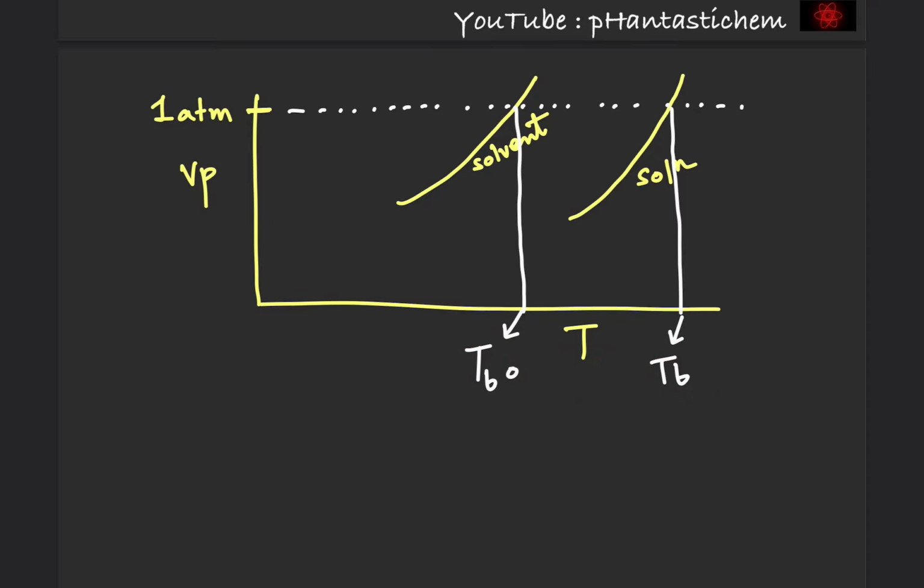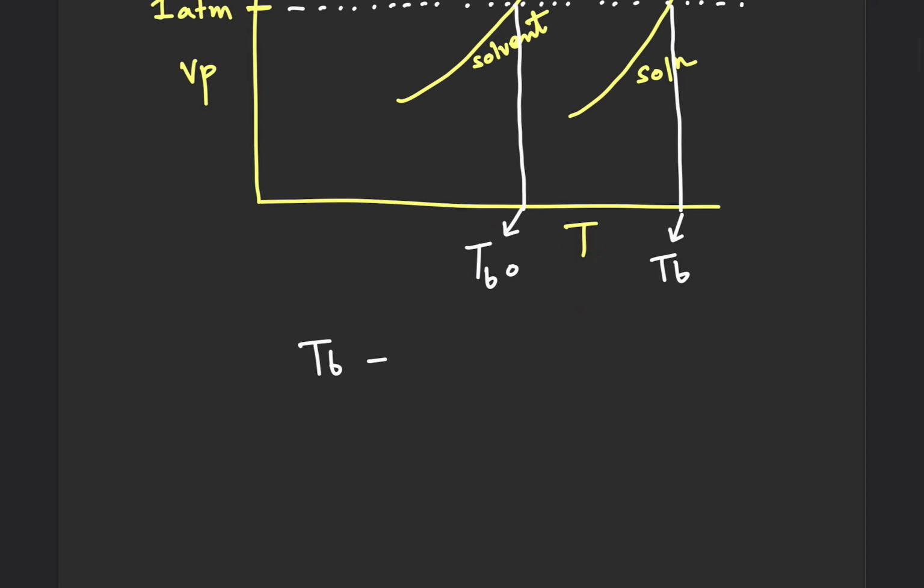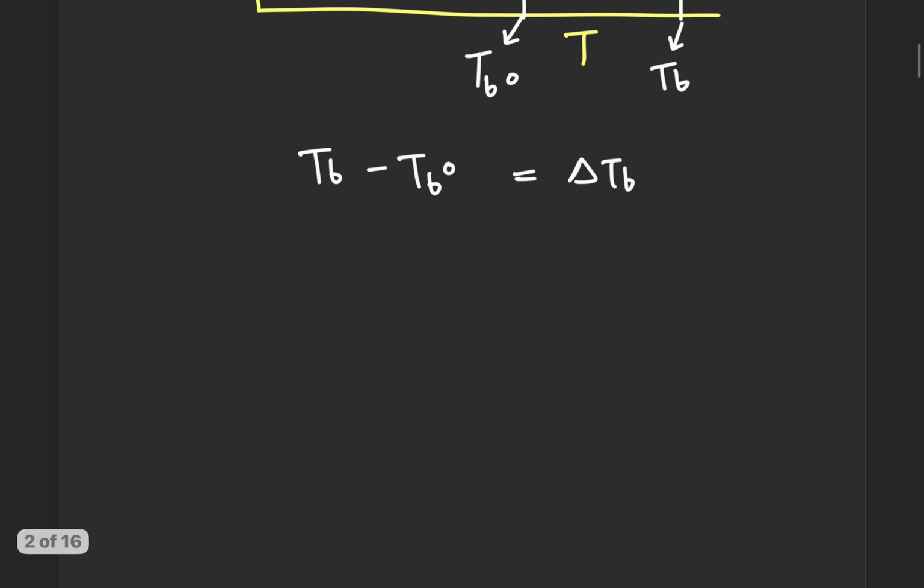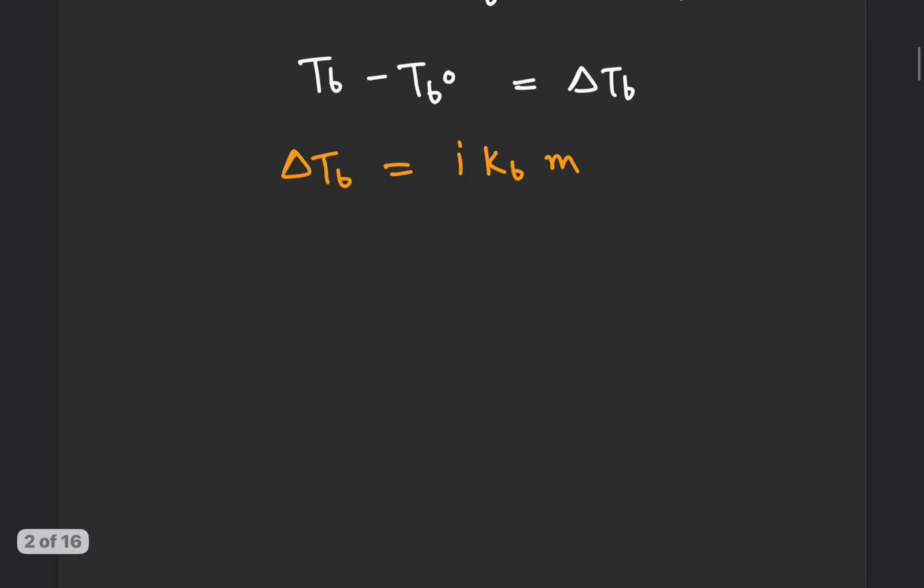This difference, TB minus TB naught, is known as delta TB, the elevation in boiling point. Since elevation in boiling point is a colligative property, we know that delta TB is equal to i into KB into m, where this i is the Van 't Hoff factor.